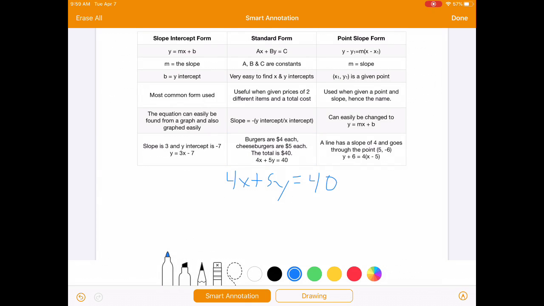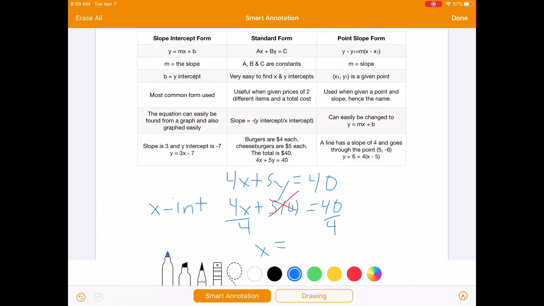Remember, the x-intercept is when y equals 0. So if I'm trying to find the x-intercept, I'm simply going to put 0 in for y. And standard form is so great for this because essentially this y component cancels itself out. So we just have 4x = 40, which is quite simply 10.